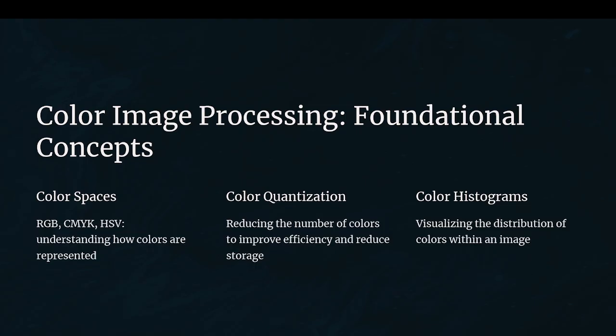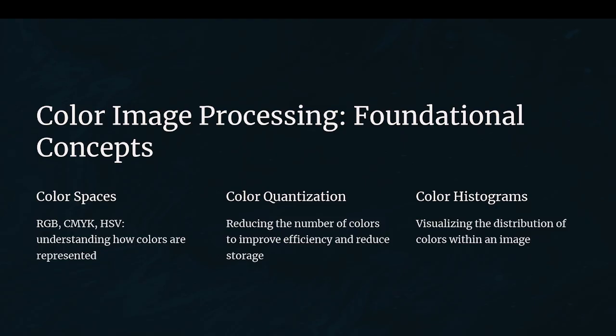The next is CMYK, cyan, magenta, yellow, black, a subtractive model used in printing. It represents color as the absence of light, which makes color a challenge during RGB to CMYK conversions. The next is HSV, hue, saturation and value.